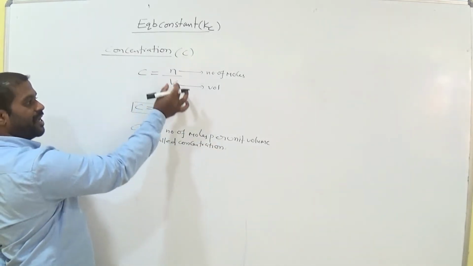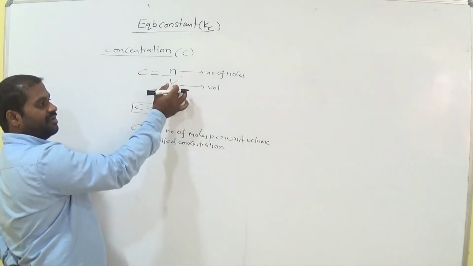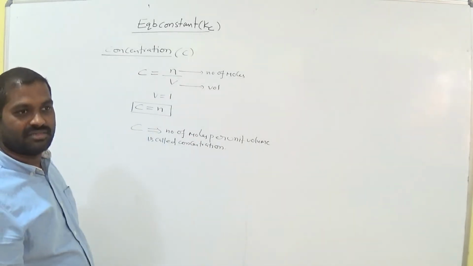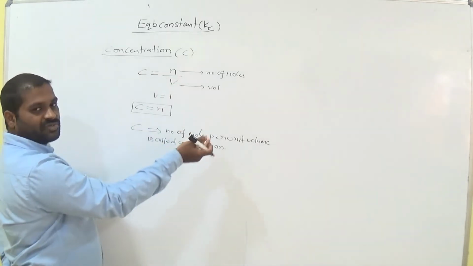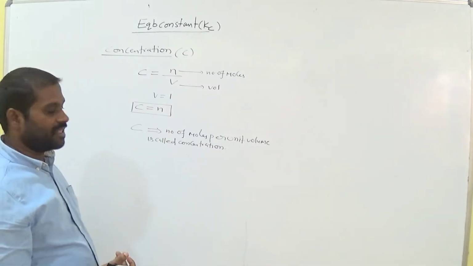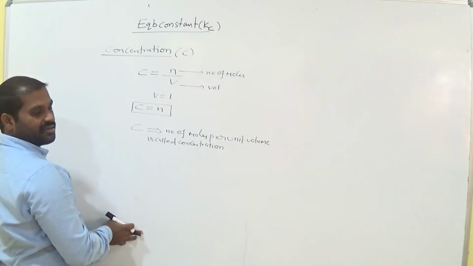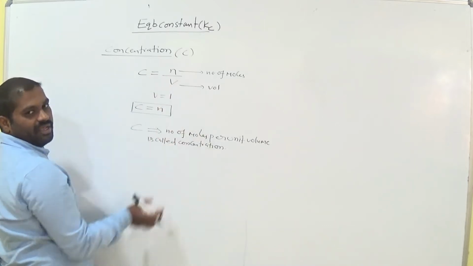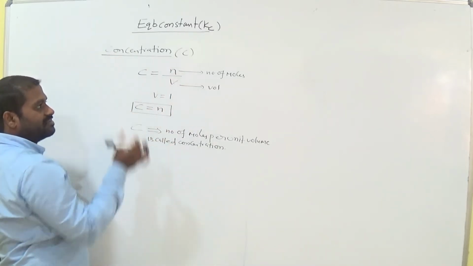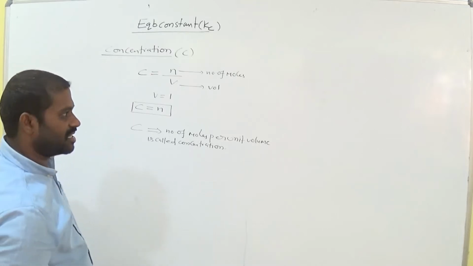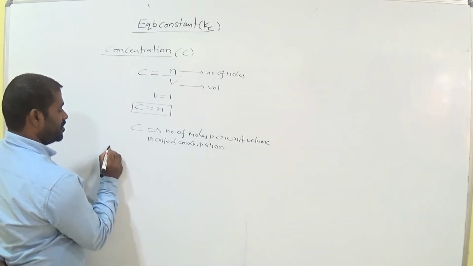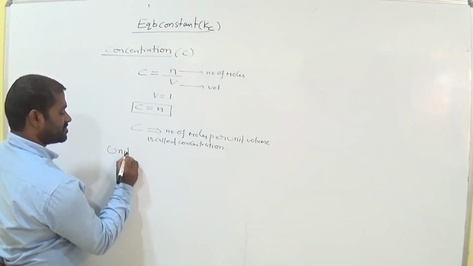Unit volume means V taken as 1. The value of V, suppose 1 liter or 1 ml. Then C becomes N. When per unit volume, the number of moles becomes the concentration. Understood now?